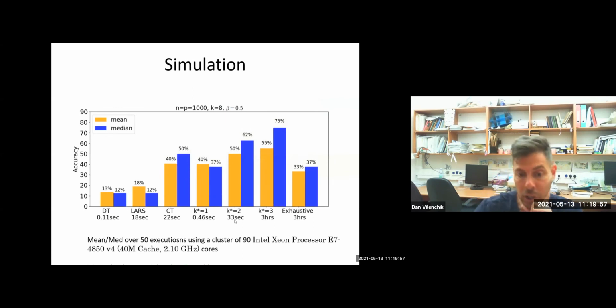Okay, some simulation. So we ran our algorithm in the spiked covariance model. We took n equals p equals 1,000. So you have 1,000 variables and 1,000 samples. You have 8 relevant features, and we fixed beta to be 1/2. Now here on the left, the first 3 algorithms are, let's say, state-of-the-art.